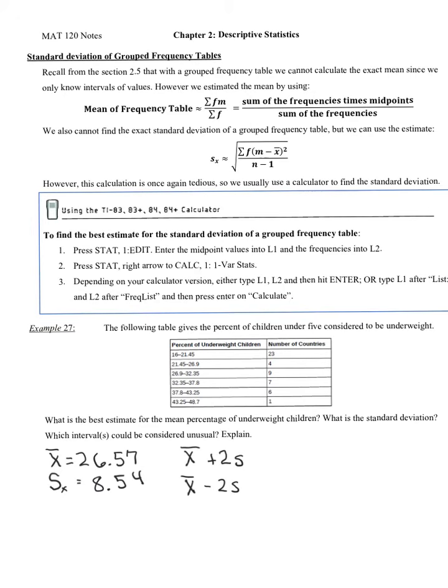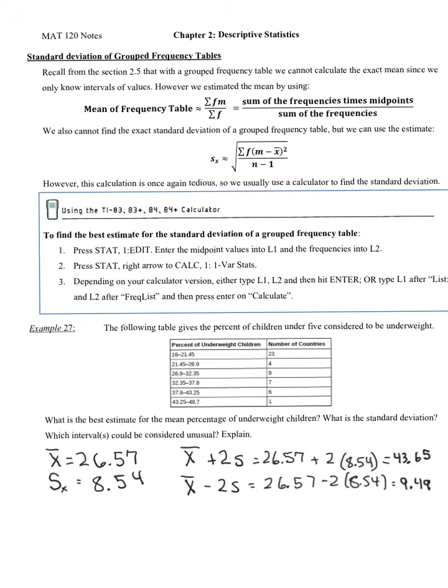We'll add 2 standard deviations to our mean and subtract 2 standard deviations from our mean. And when we do this, we'll get 43.65 and 9.49. So that means any data point that falls above 43.65 or below 9.49 would be considered unusual.